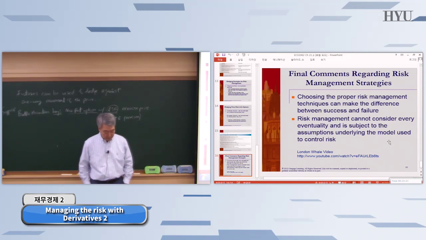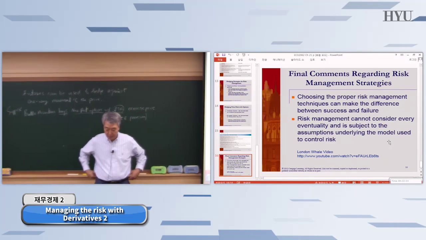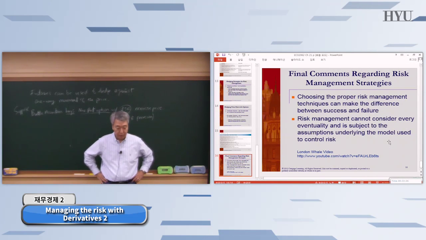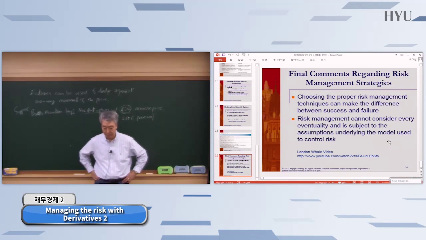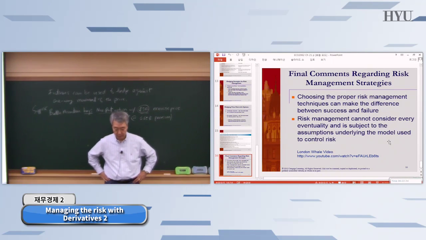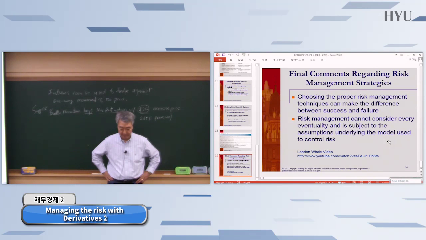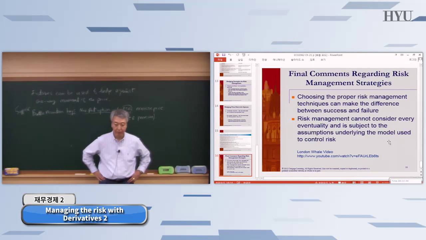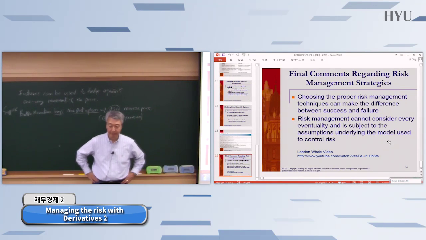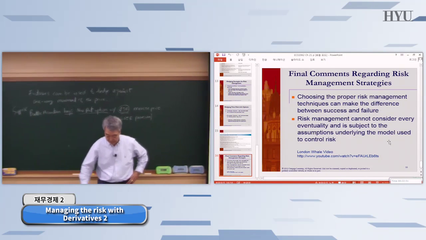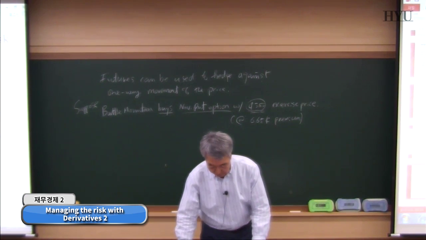I'm sure it is impossible to expect all possible situations, but that's what financial engineering is about. They try to come up with a proper combination of these financial instruments. That's chapter 21. Any questions from chapter 21?